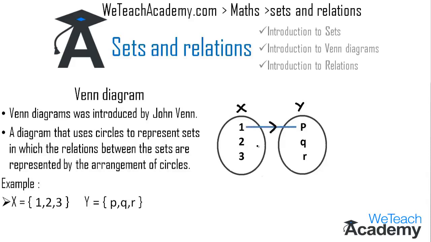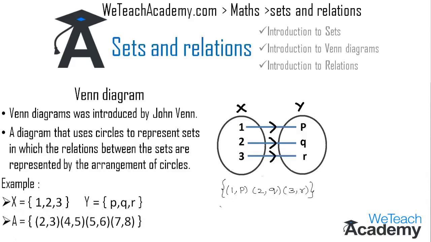Similarly, 2 is mapped with q and 3 is mapped with r. And here we get the ordered pairs (1, p), as they are mapped with each other, the second ordered pair (2, q), and the third ordered pair (3, r).